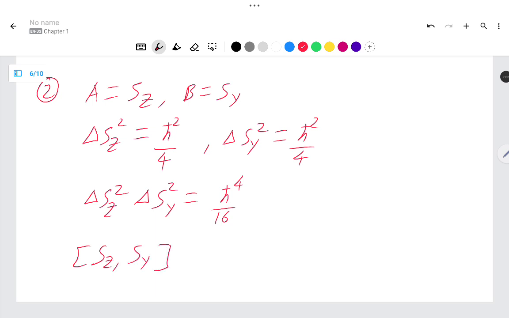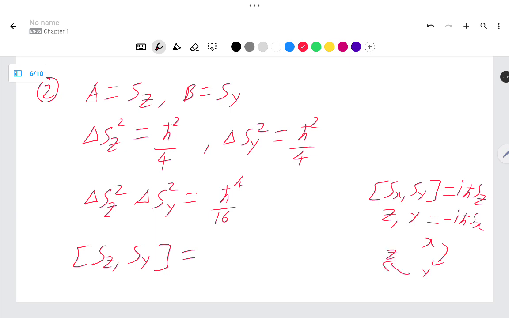If it goes from z to y it will be negative, so this will be minus i h bar Sx.